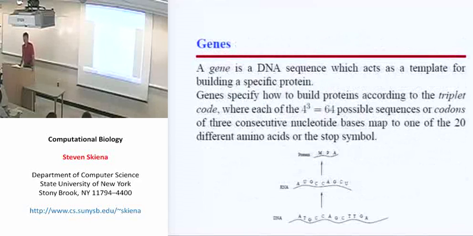Okay. So what are genes? We've talked about the basic vision is that we've got a DNA sequence. You're described by a DNA sequence. The important thing is that the DNA sequence basically describes how to make certain chemical parts that you're made of called proteins. And when we talk here about genes, a gene is a DNA sequence that acts as a description for how you build a protein. Okay?